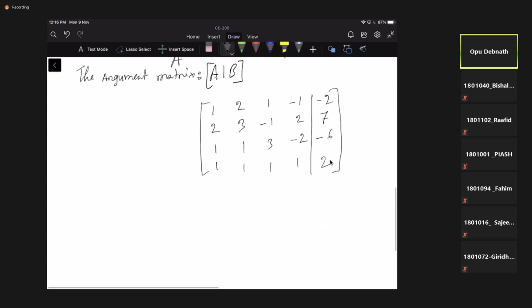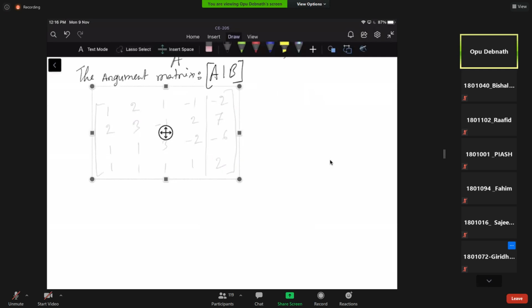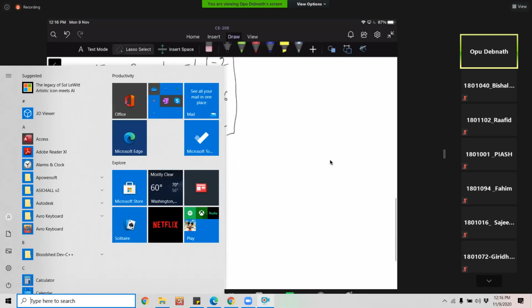This is the augmented matrix. At this stage we start the operation. Here is the augmented matrix.